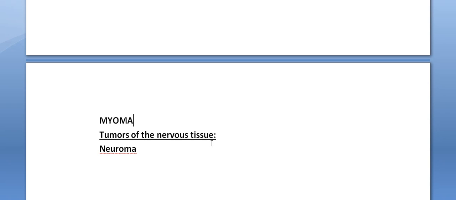Subsequently, when it compresses the nerve, tingling and numbness will be there, a woody sensation in the tongue. Suddenly the taste sensation will be lost because the nerve is getting damaged, right? Subsequently the patient will have severe pain. All these are symptoms of that. Again, treatment is surgical excision of this tumor with radiation therapy.